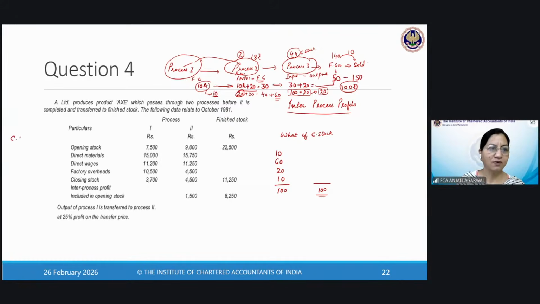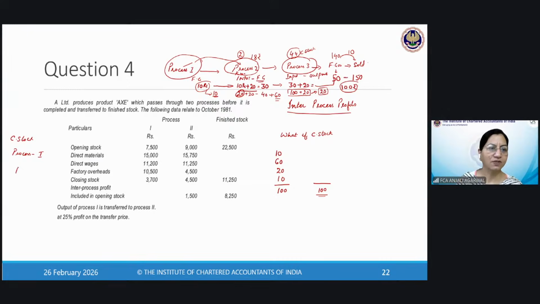So if there is some closing stock in process 1, the process 1 closing stock comes from the market. So there is no inter-process profit. Therefore, there is no unrealized profit which is blocked in the closing stock.